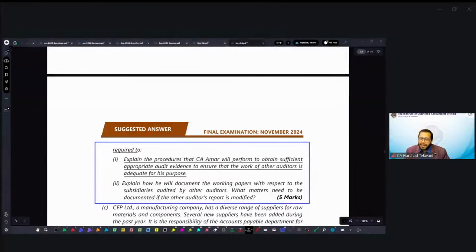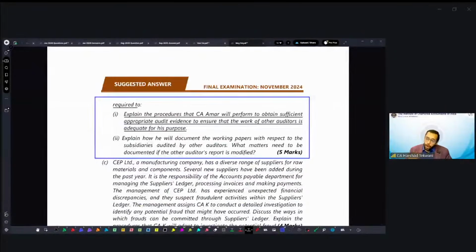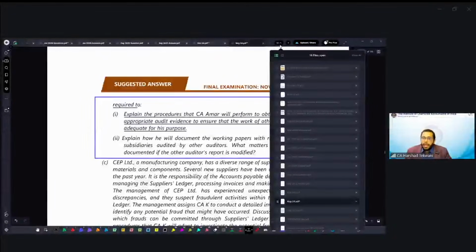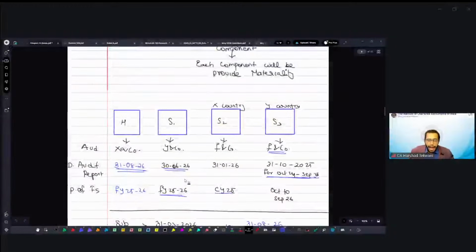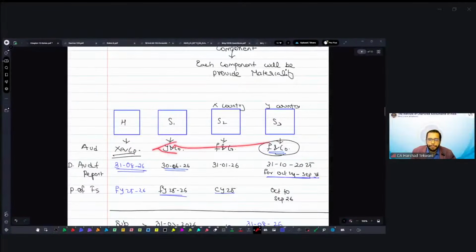How can CA Amar ensure that the work performed by the other auditors is sufficient or adequate for him? If we go to our example, how can Action company ensure that the work performed by FN company is adequate for them? Simple.